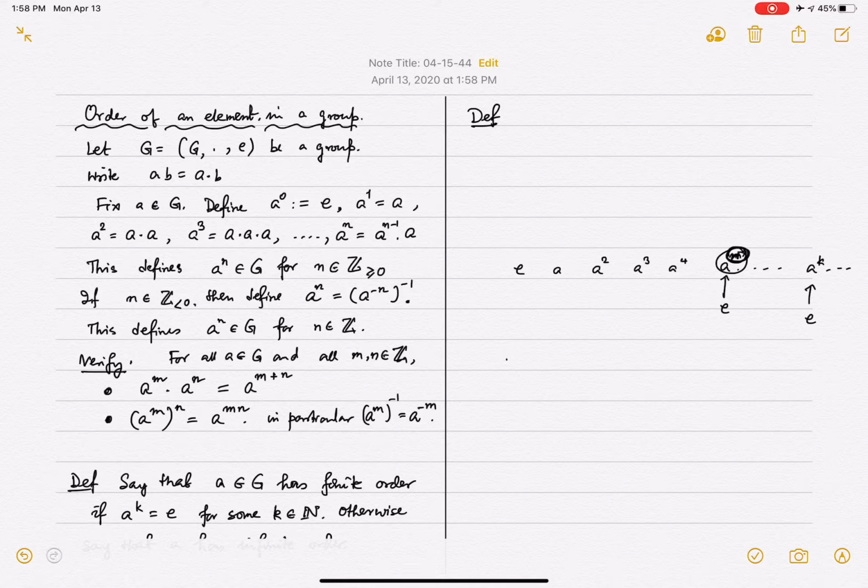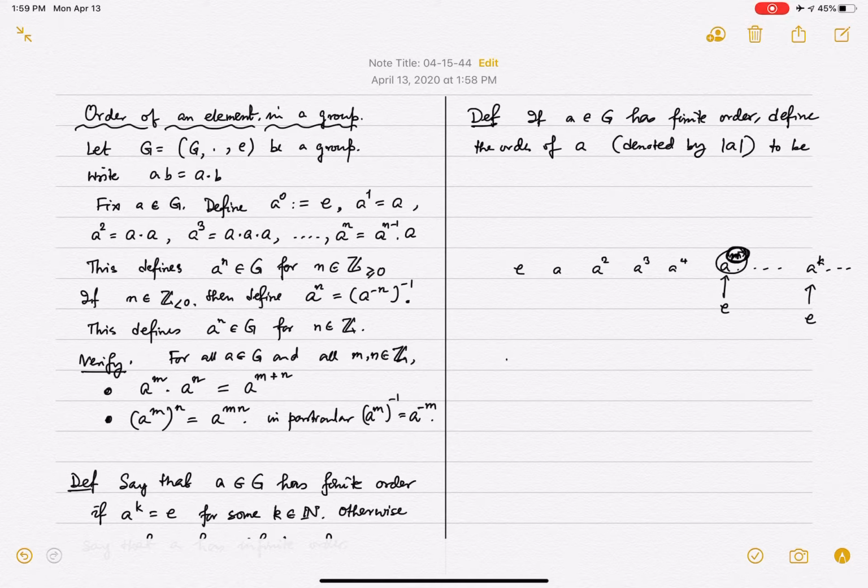So if a in G has finite order, define the order of a, denoted by, to be the smallest natural number n such that a to the n is identity.